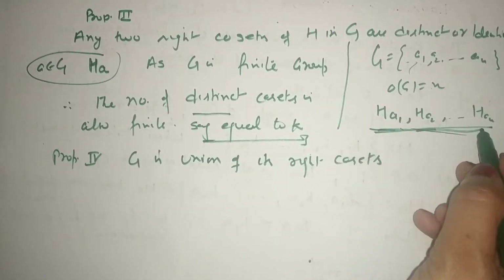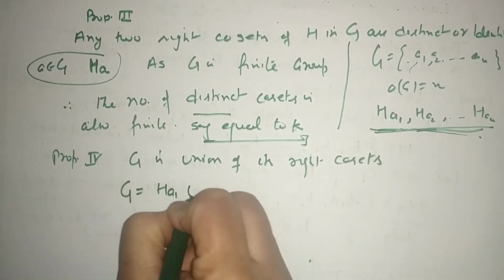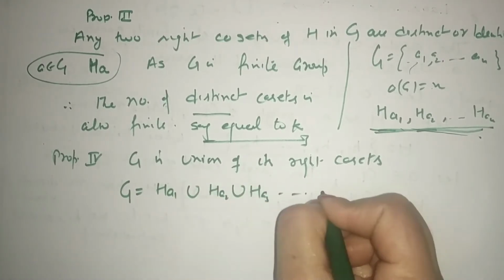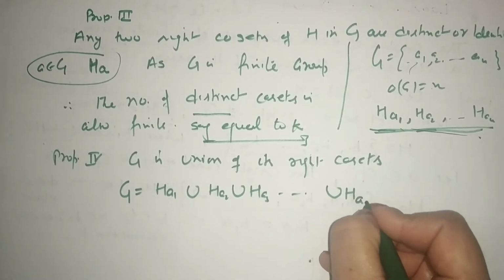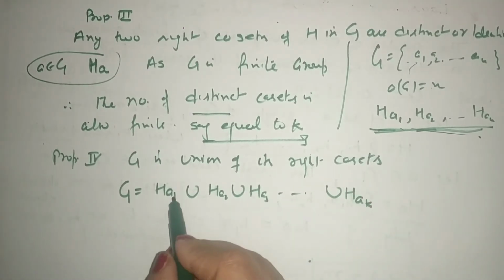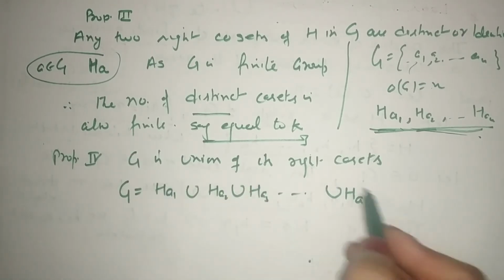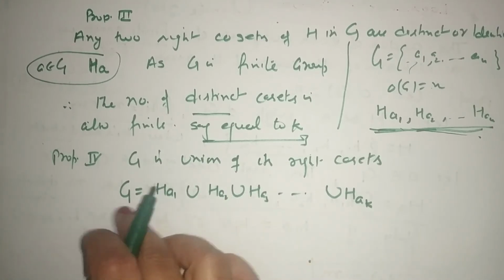So what are the right cosets? G will be equal to Ha1 union Ha2 union Ha3. And how many different right cosets do we have? k. So it will be Ha1, Ha2, Ha3, up to Hak. These will be the different right cosets whose union is equal to G.